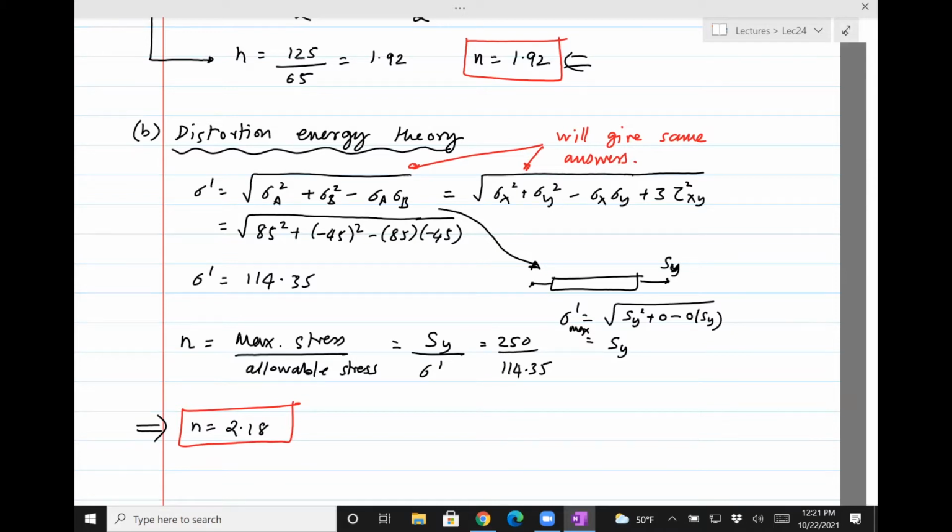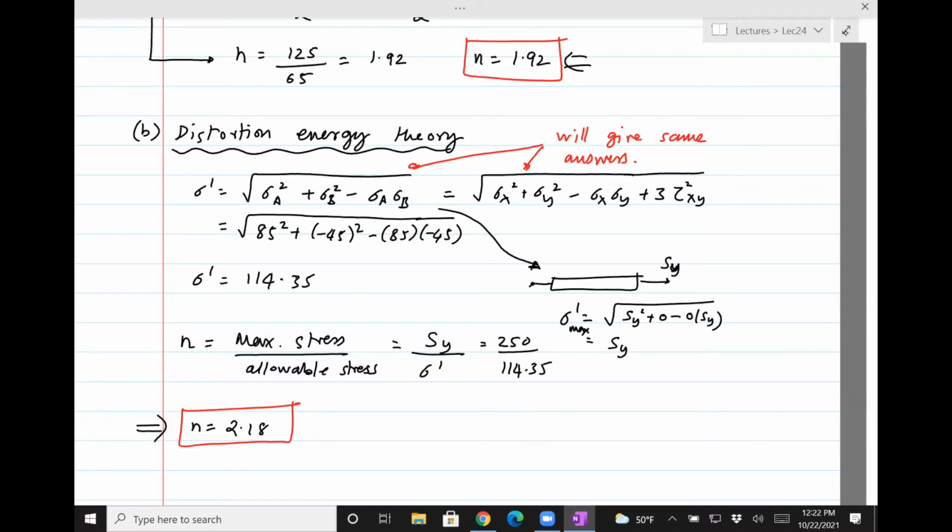Okay, so let's do a problem related to Coulomb-Mohr. So you're saying if we plug in 80 and 40 to sigma x, sigma y, we'll still get 114.35? Yes. Did you check? Yeah, you can check. Because the way this is derived is actually putting that principal stress formula in, where sigma A is sigma x minus sigma y squared and so on.